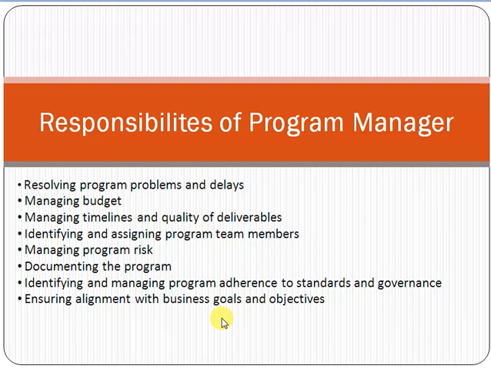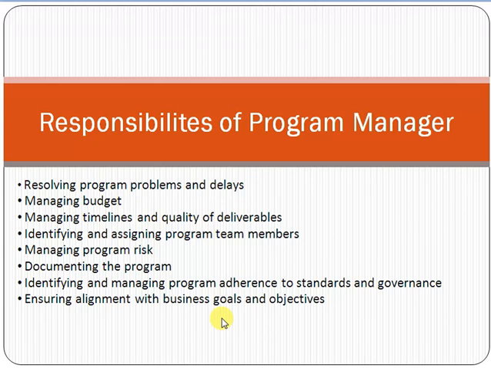Friends, just remember that the program manager is overseeing the overall objectives and goals of the company, why we are doing these projects. He is the person who is above the project managers. A project manager is managing a single project, but the program manager is above the project managers, giving direction to them and coordinating with the stakeholders.